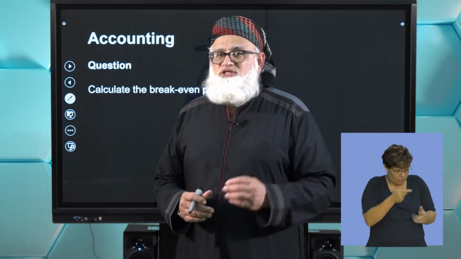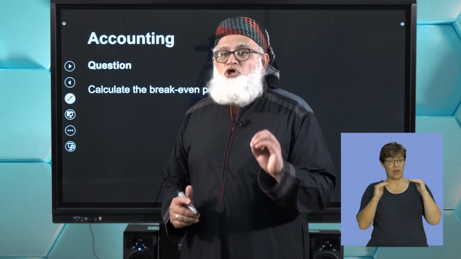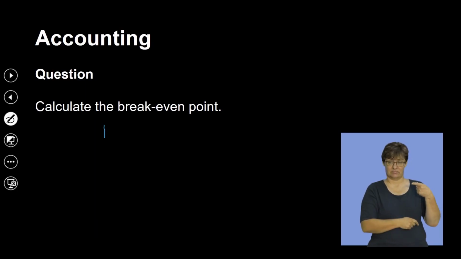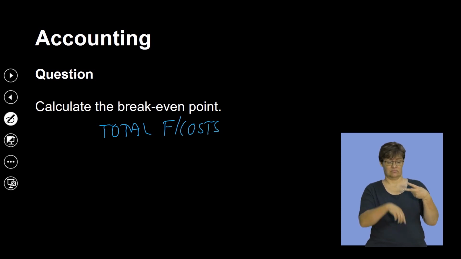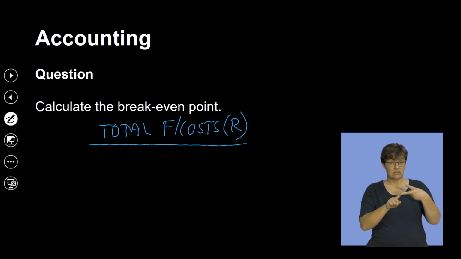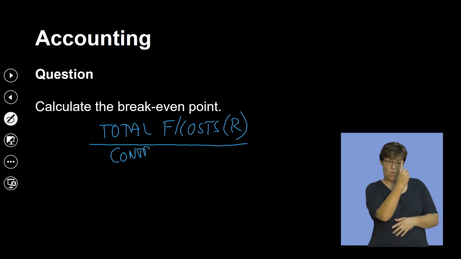Right? So what is my break-even point? It's my total fixed cost, in rands, divided by your contribution per unit.